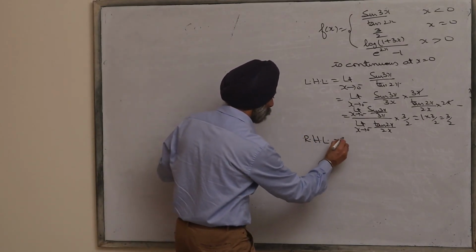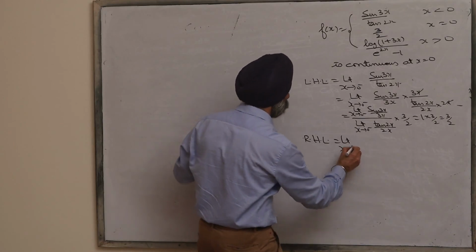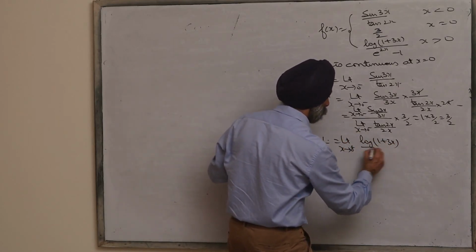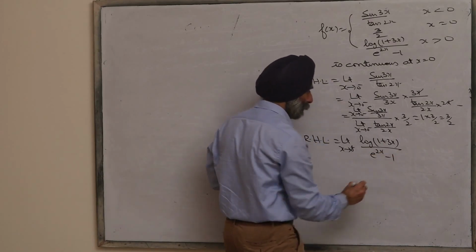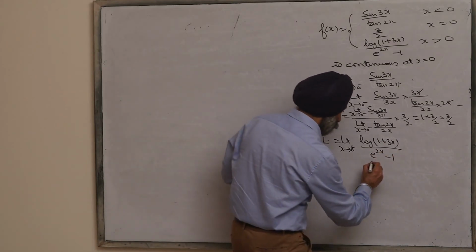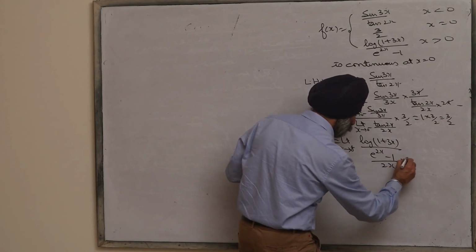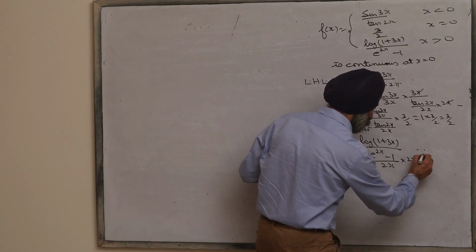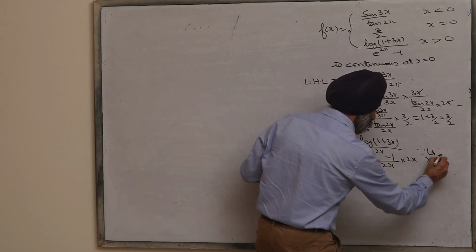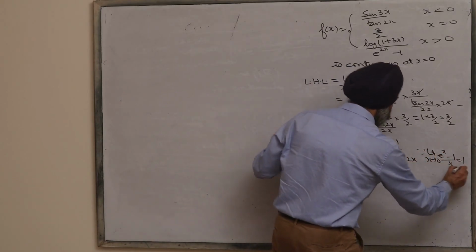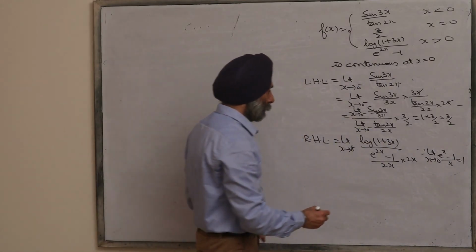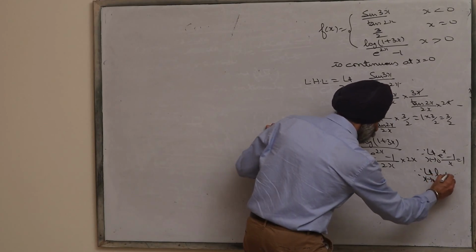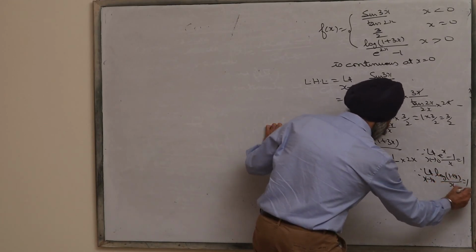What is the right hand limit? It is limit x approaches to 0 positive, log of (1 plus 3x) upon e raised to power 2x minus 1. So you divide by 2x, correspondingly multiply by 2x. Why? Because limit x approaches to 0, e raised to power x minus 1 over x is always equal to 1. Now because limit x approaches to 0, log of (1 plus x) upon x is equal to 1.